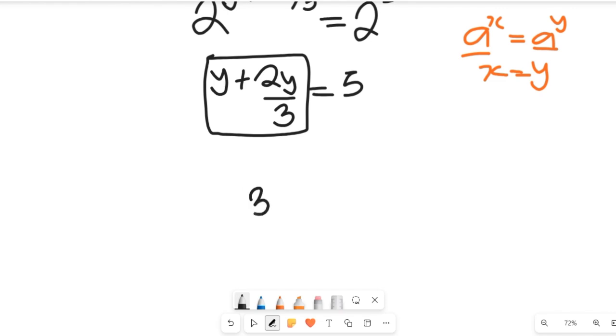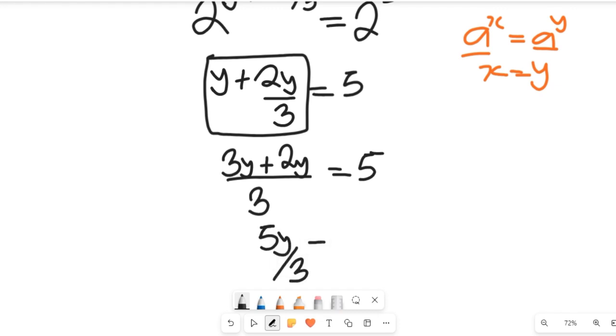So we'll have 3 divided by 3 times 3y, which is 3y, plus 3 divided by 3 times 2y, which gives 2y. And this will be equal to 5. Let's come to the lowest term. This will be equal to 5y divided by 3 equal to 5.